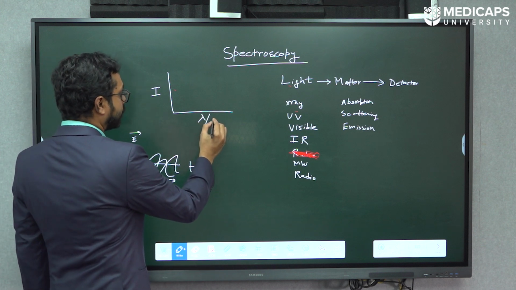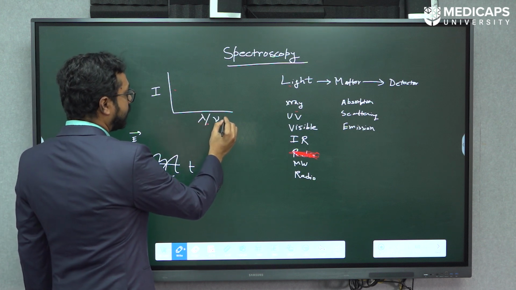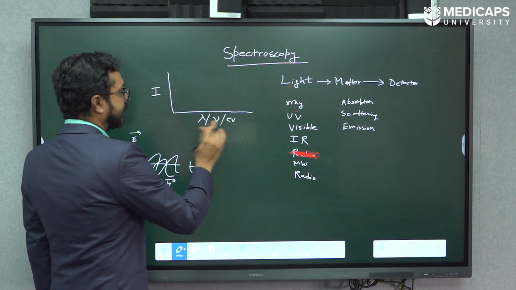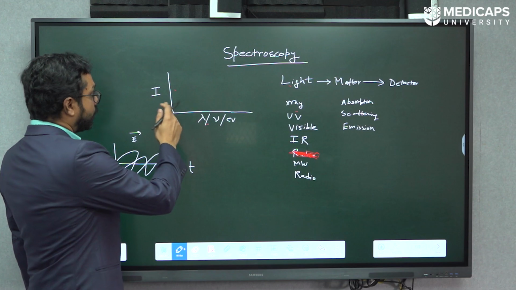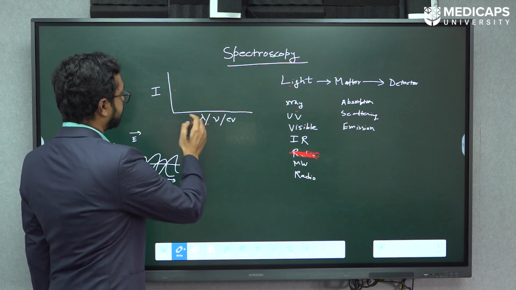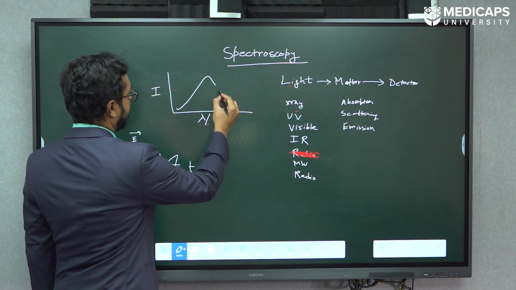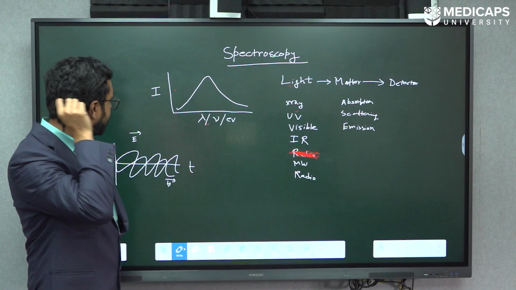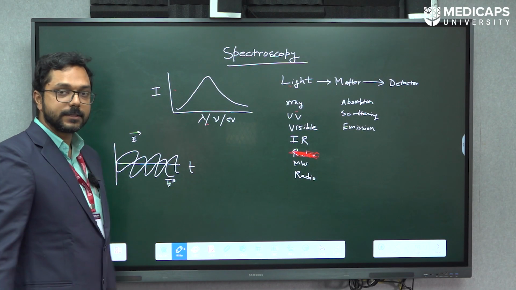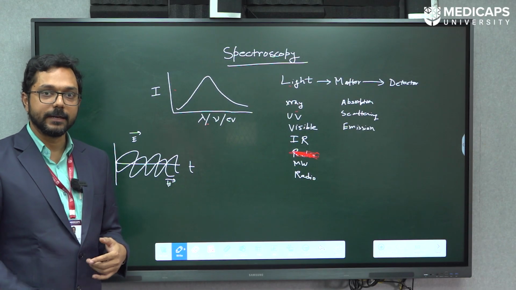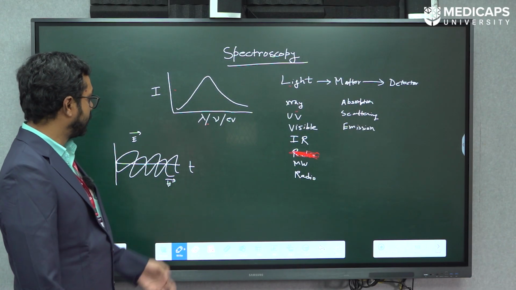Some people use frequency, some people use energy also. In any format they can plot it. Analyzing this spectra, you can understand what type of interaction happened and at which particular wavelength or energy.